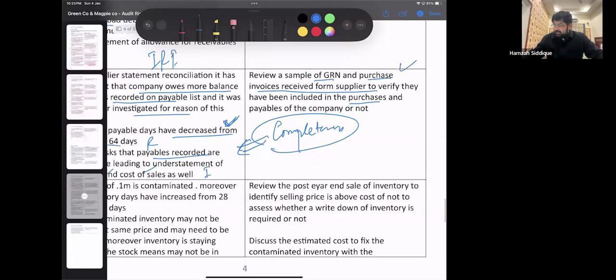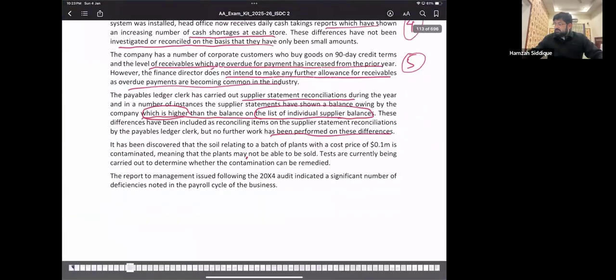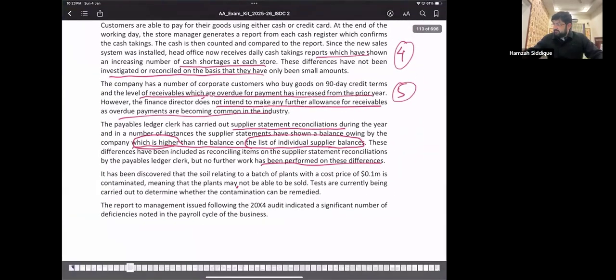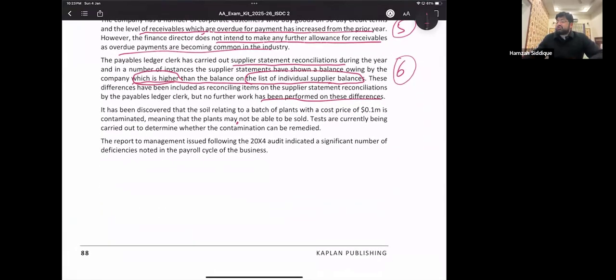Now, the next point, this was the sixth point. It has been discovered that soil relating to a batch of plants costing 0.1 million is contaminated and the plants may not be able to be sold.